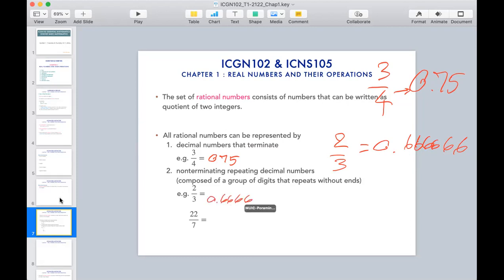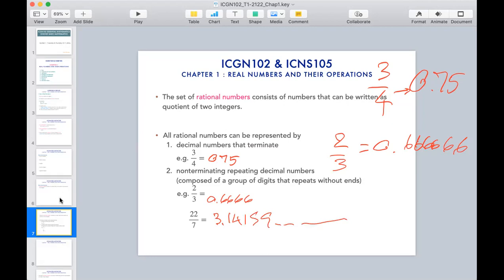And what about 22/7? 22/7 is the approximation of pi that we learned when we were young. Remember what the pi value is? 3.14159 and so on, it is non-terminating as well.